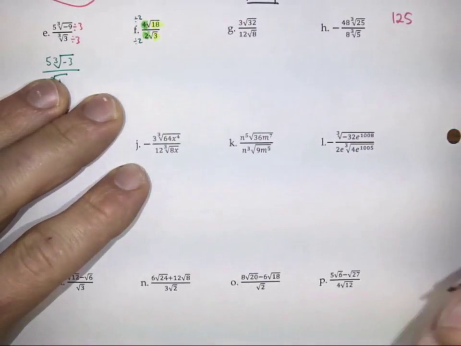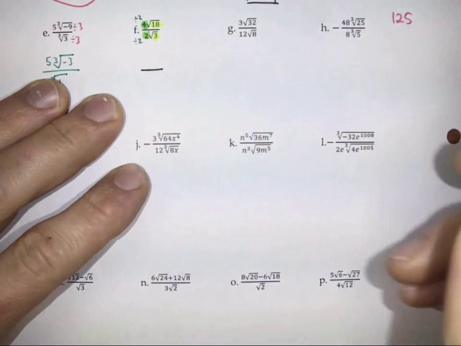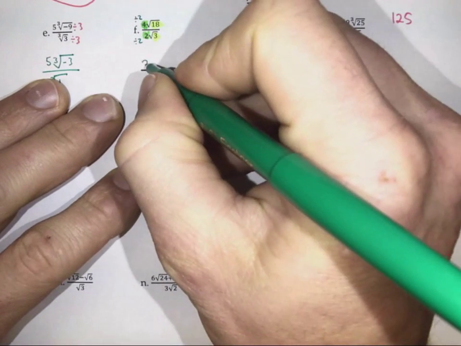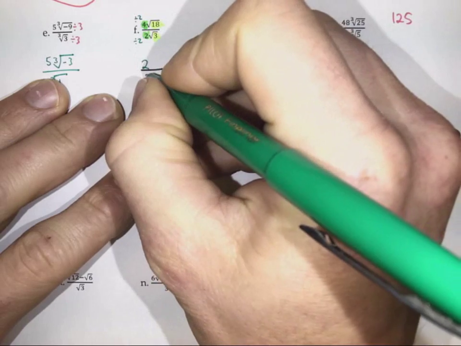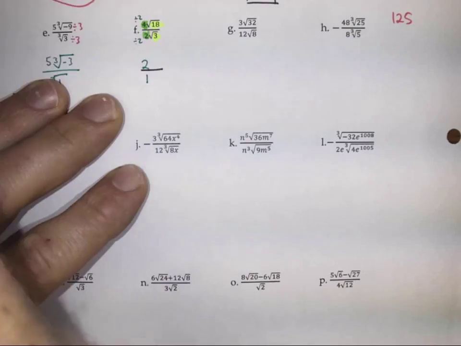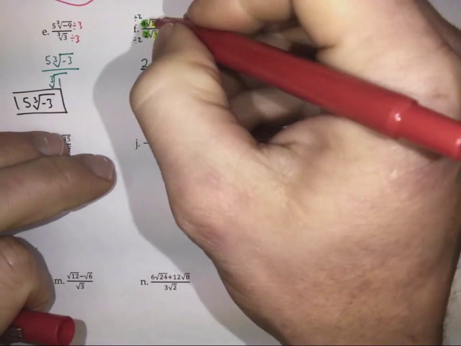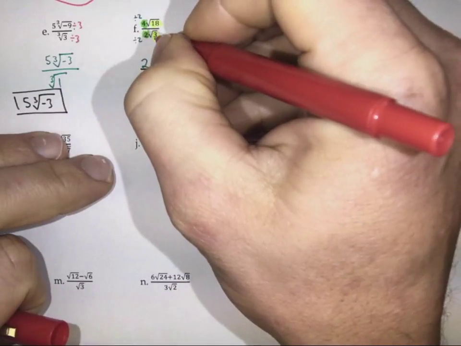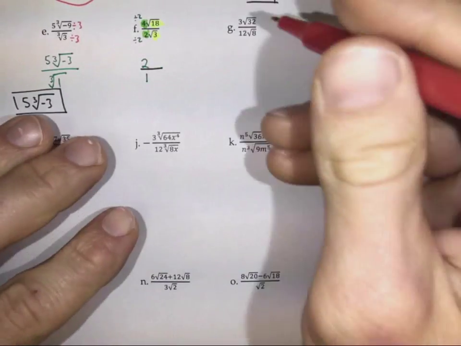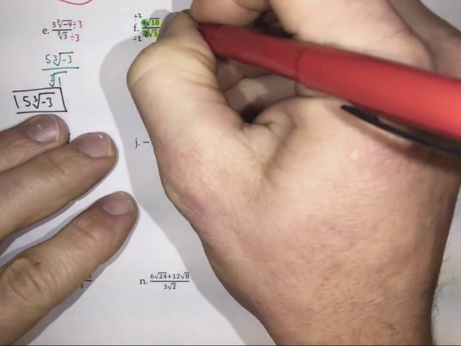And so over here, that's going to be 4 divided by 2 is 2, and 2 divided by 2 is 1. Okay. Now, for the radicals, I can see there's a number that goes into 18 and 3, and that's the number 3. So I can divide them both by 3.